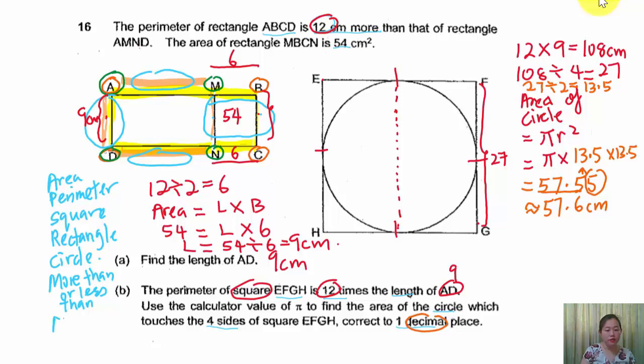We also learned about decimal round off in case you forget to do it, and we can also see that for a square, if we divide it by 4, we find the length of the square, and the length of the square is actually the diameter of the circle, and half the diameter is actually the radius.